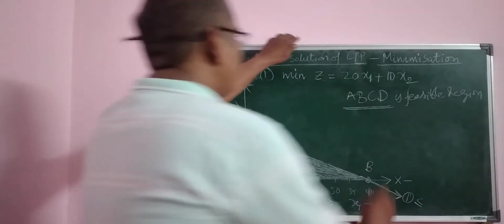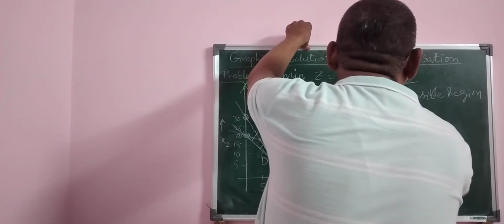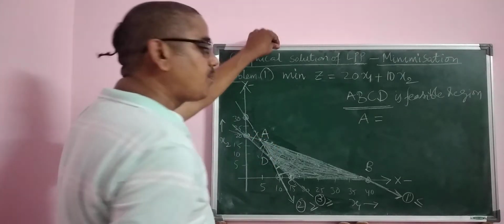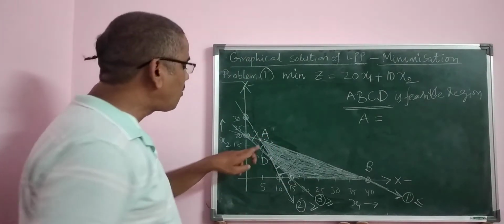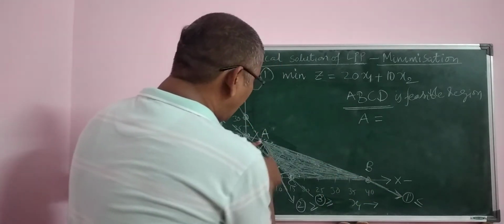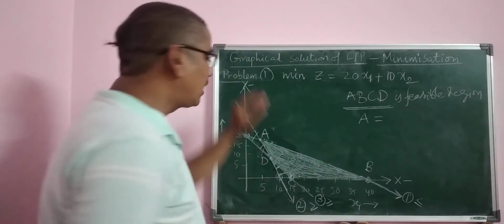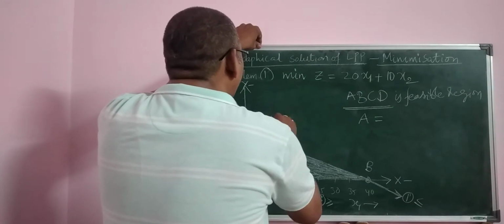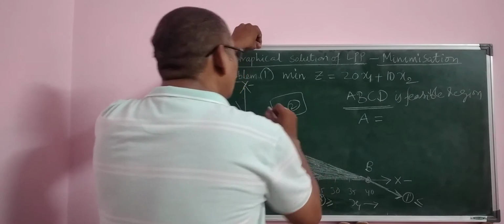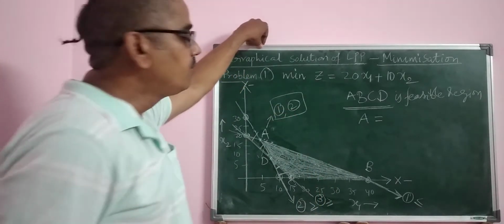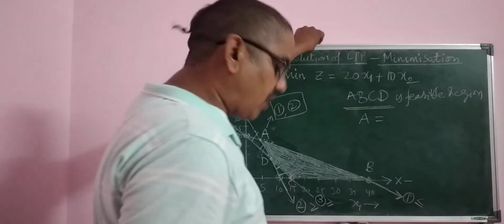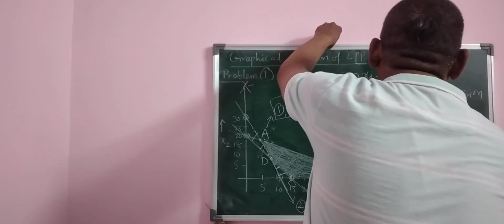First, A is going to be determined. This is not a point on the x-axis or y-axis. It is a point intersecting two particular lines, 1 and 2. A is obtained by solving equations 1 and 2. We can obtain it as 6 and 12.